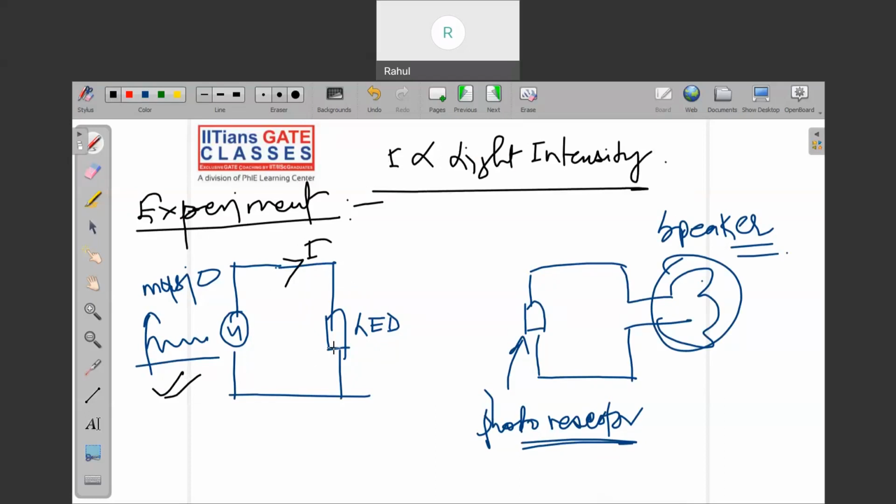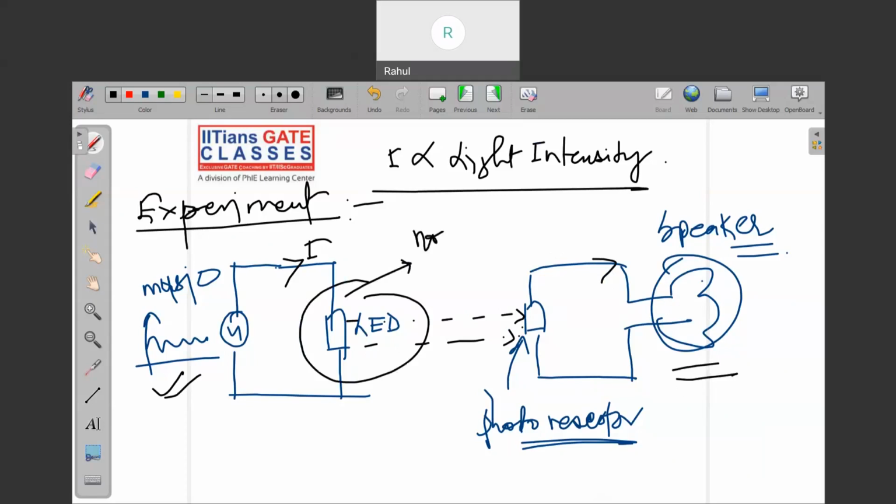This light intensity will fall on this photo detector, you can say photo resistor, and the music should be played here at the receiver. You should be able to listen to the music, but this LED is basically a non-linear device.